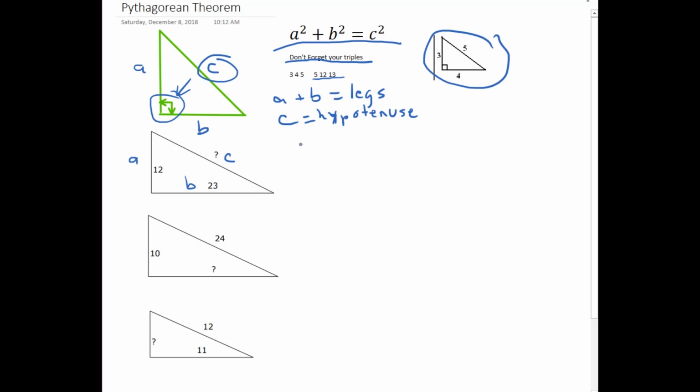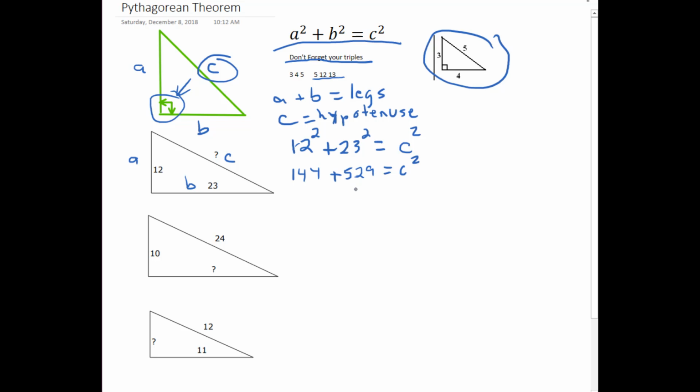So A equals 12, so we'll put down 12, and again it's squared, plus B, 23 squared, equals C squared. 12 squared we know is 144. 23 squared, we will find out through your calculator, is 529, which equals C squared.